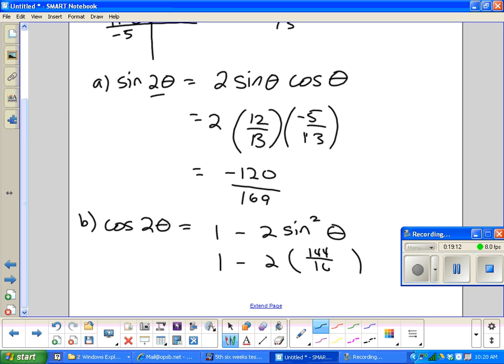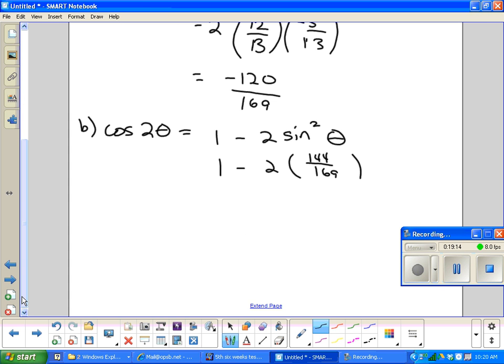Now we need to multiply before we subtract. That gives me 288 over 169. Now instead of saying 1 minus that, let's change that to 169 over 169. Help me out: what's 169 minus 288, over 169?